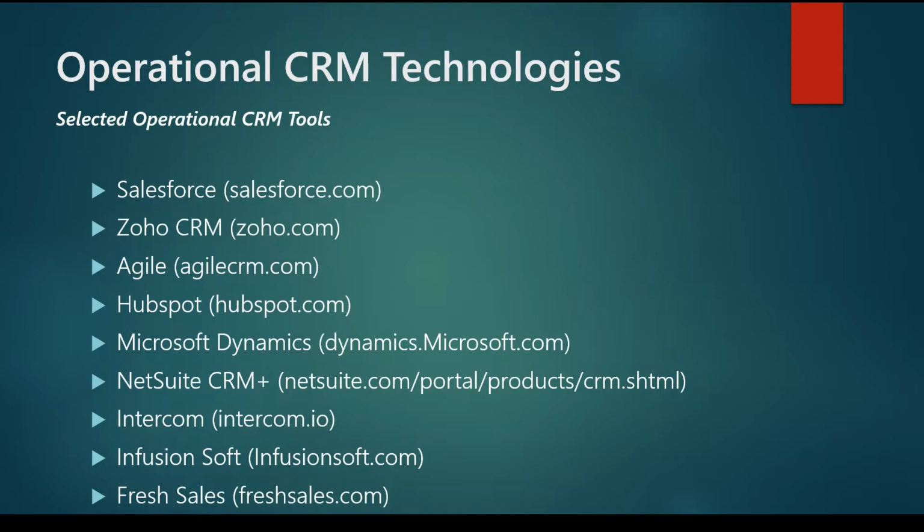For example, Salesforce has its roots in sales automation. So it is very strong on the front end of sales automation, and it has built separate hubs for marketing and other customer service types of systems on the back end to enable that 360-degree view of the customer. But its strength is in sales automation and contact management.